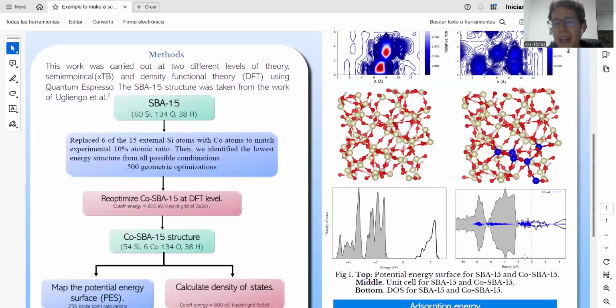And when we add the cobalt, we see that the d orbitals of the cobalt fall right into the band gap. So that gave us some insight that the d orbitals of the cobalt give more electron mobility, which makes it more active in the catalytic way.